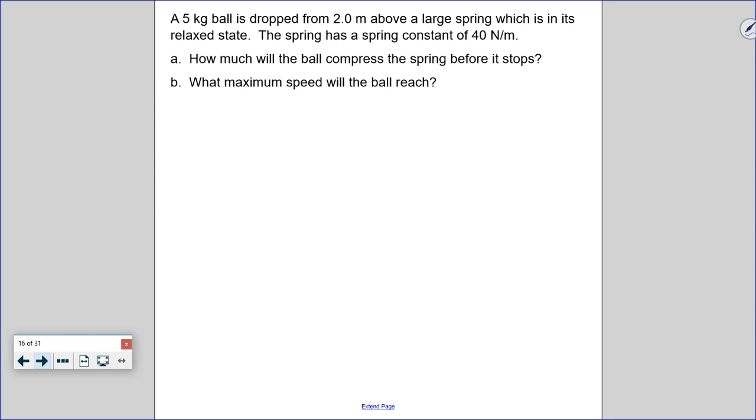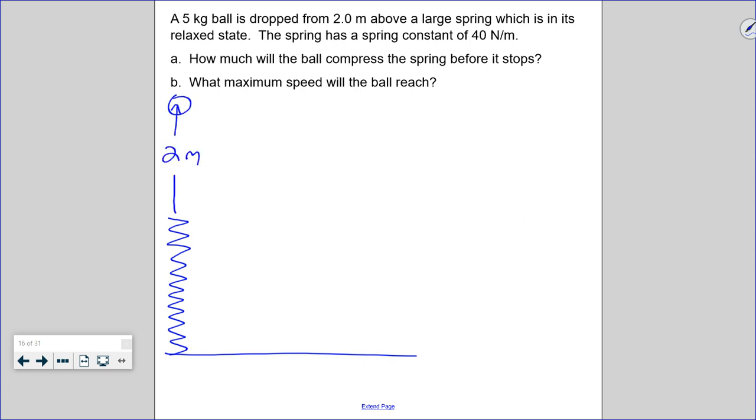So let's start there. Here's your floor. So you've got the spring, and then you've got a ball that is 2 meters above it. The ball is going to fall, and right before it hits the spring, it's going to be moving down.